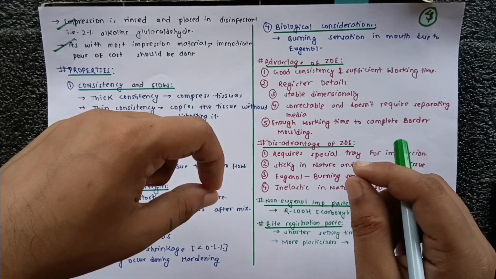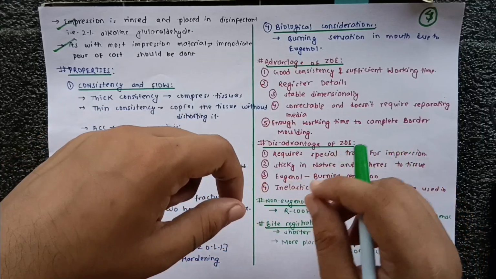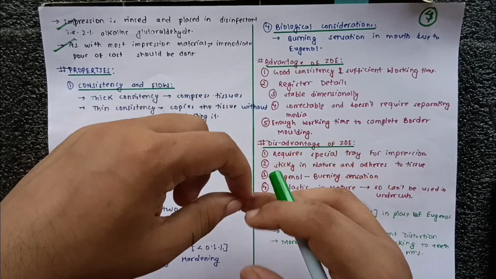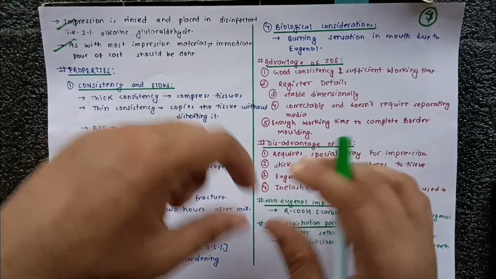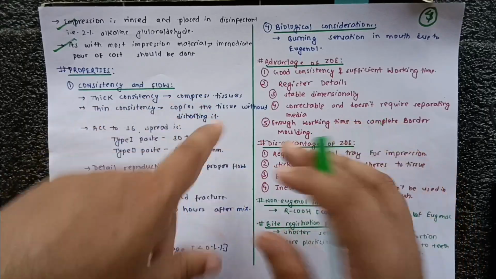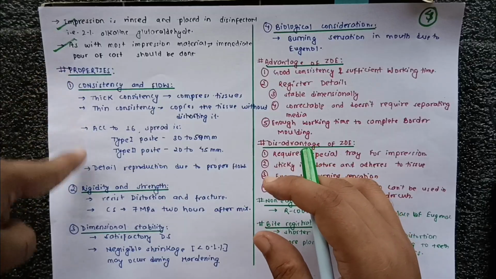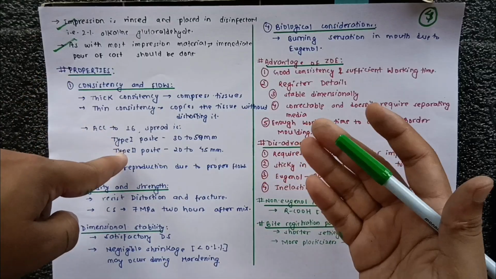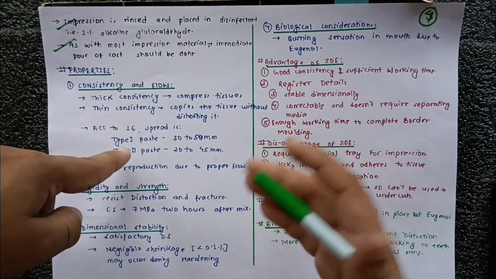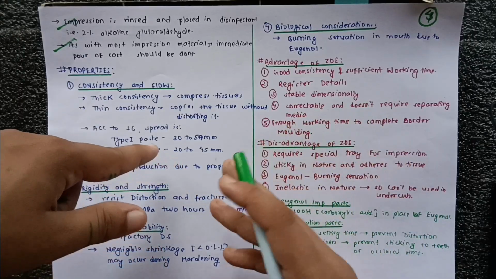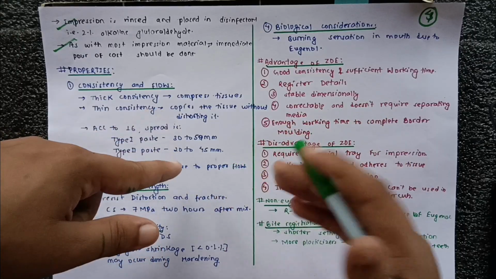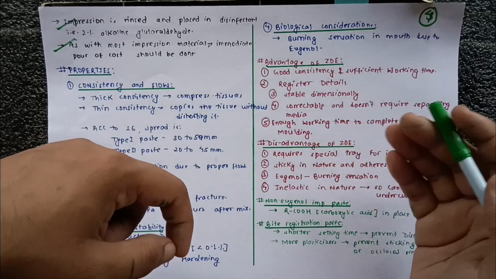In the final impression we should record every small detail of the oral tissue, so the flow of the material should be more. It is similar here in zinc oxide eugenol. It has a better flow than that of the impression compound. Impression compound did not have the proper flow, so it is used as a primary impression taking material, but this has the proper flow, so it is used as a final impression.